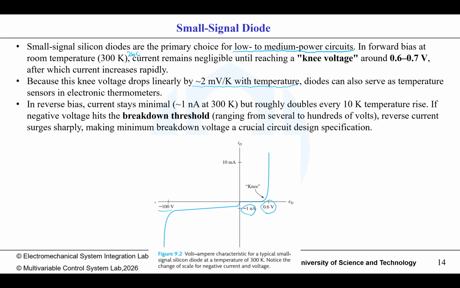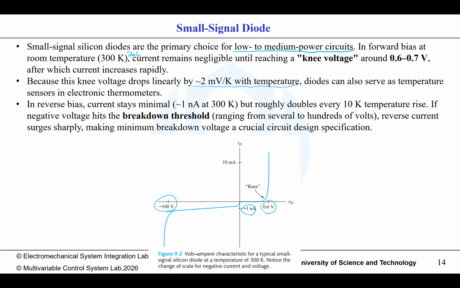Usually the amplitude of the breakdown voltage will be way larger than the knee voltage. For example, in this case, the knee voltage is 0.6 volts, but the breakdown voltage is minus 100 volts.